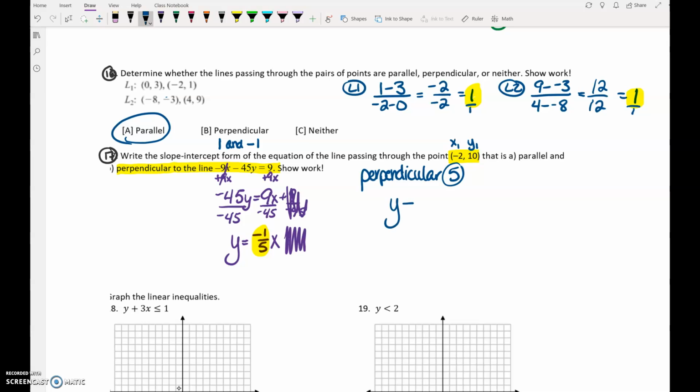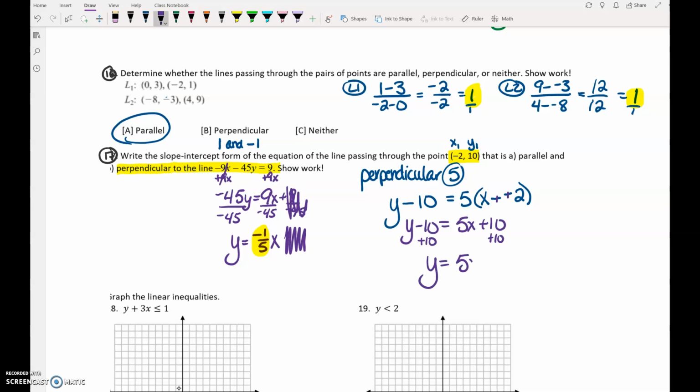So y minus the y value of our point equals our perpendicular slope times x minus the x value of our point. Minus the negative means plus. Distribute your slope and then get y by itself.